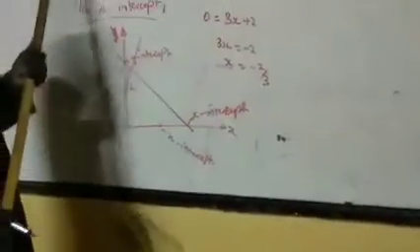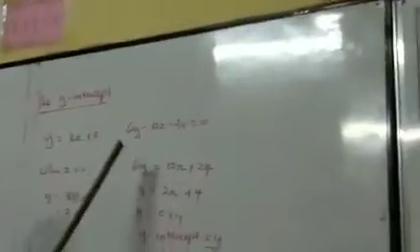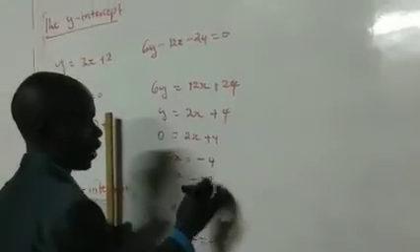In our second case, we have y is equal to 2x plus 4. And for the x-intercept, y is 0, so that is 0 equals 2x plus 4, and therefore 2x is equal to negative 4, and x is negative 2.